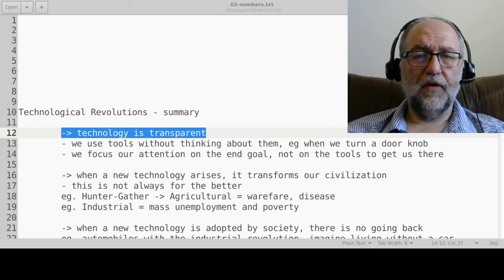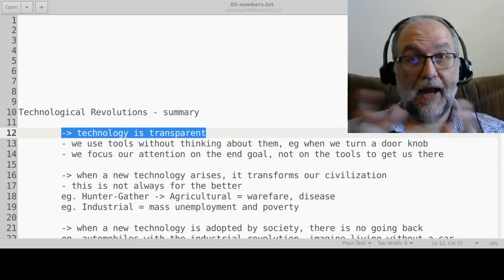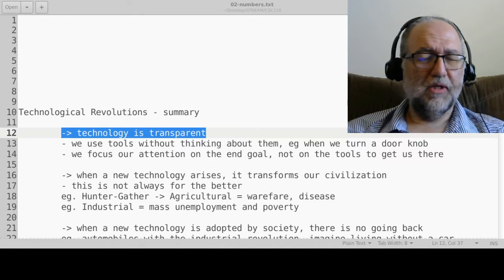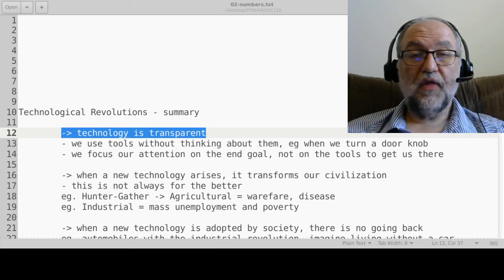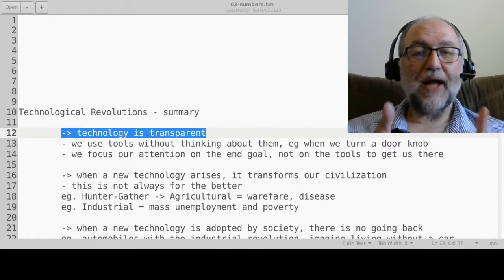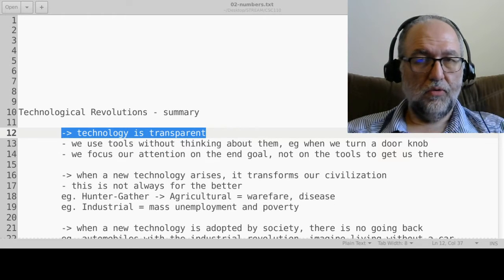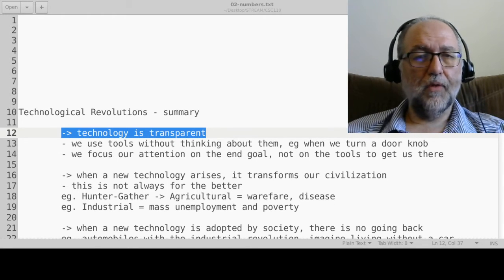When you're eating with your fork or knife, you don't think to yourself, oh, this metal came from the Iron Age, and it was made by all these things. You don't even think that you're holding a fork or a knife. All you're doing is cutting your food, and you're thinking about eating. That's where the focus of attention is. The tools are just the means by which you achieve that goal, and you don't think of them.